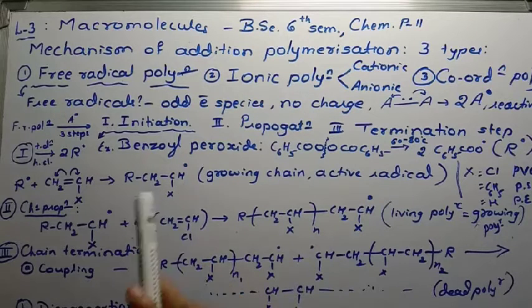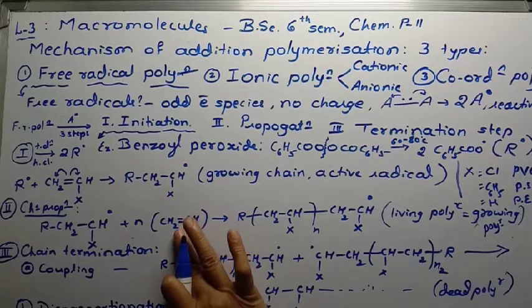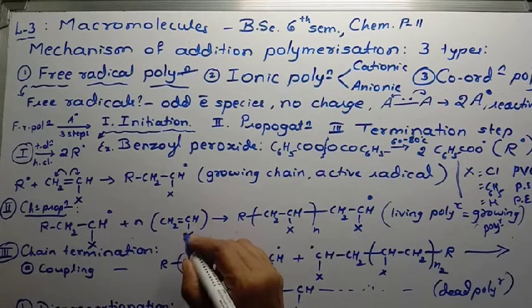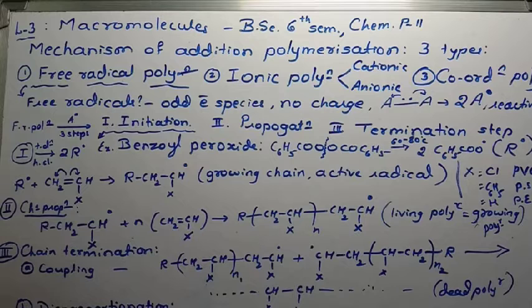And this free radical, in the second step, is going to combine with a large number of monomers, thereby giving a polymer free radical. Once again this free radical site goes on shifting n times, and later at the end it will be on the last carbon atom.